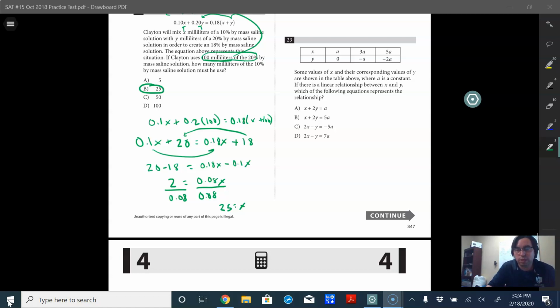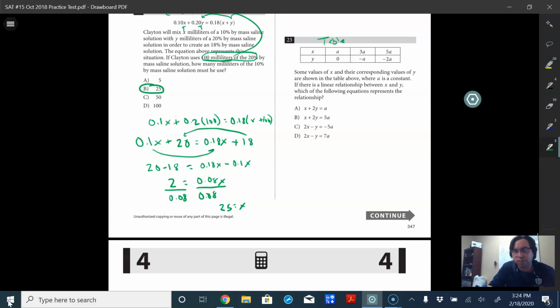Okay, number 23, we see that we have this table. It's kind of like a function table, but it's a table. We have the values of x's and y's, and this is probably a pretty unique presentation.